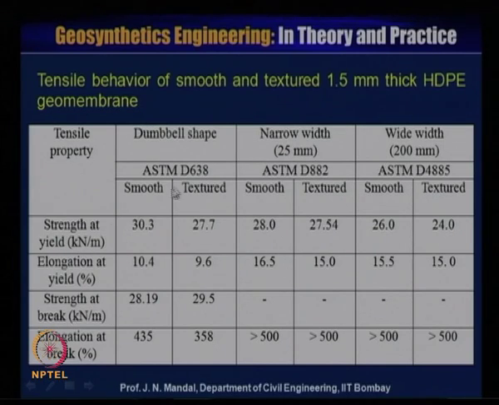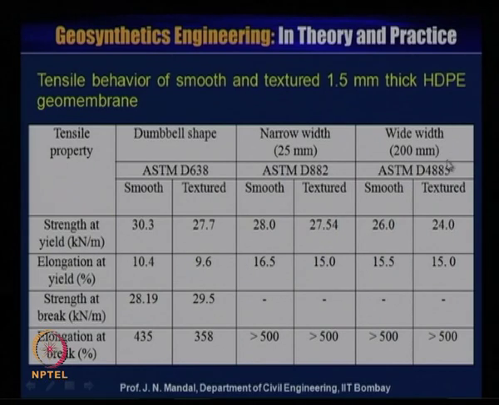This is the strength at yield, as per ASTM D638, and for the dumbbell shape you can see this is 30.3 kilonewton per meter, textured strength 27.7 kilonewton. If it is a narrow width of 25 millimeter, ASTM D882, then the strength at yield is 28, and for the textured case 27.54.